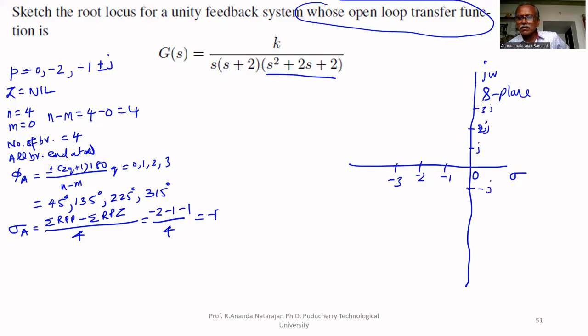Now we mark the poles: one pole at the origin, another at −2, and the others at −1+j and −1−j. All points between 0 and −2 are part of the root locus, because to the right there is an odd number of poles and zeros.